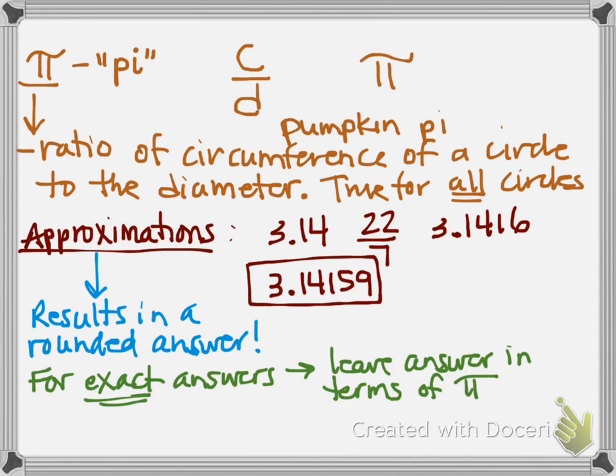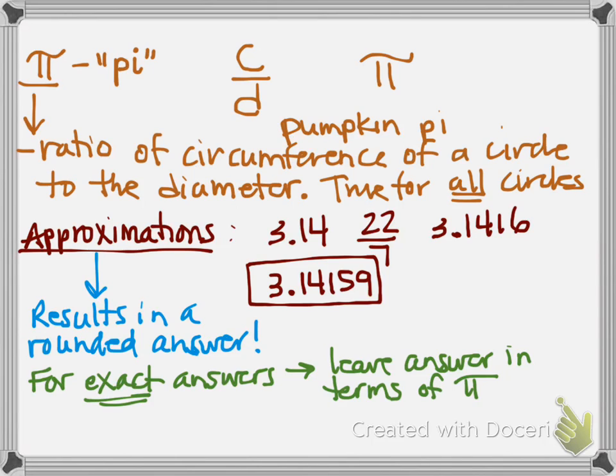Okay? Now, in certain situations, 2 pi is going to be meaningless. So there's times when you have to use an approximation, because you have to have an actual physical number in order to, let's say, deal with volume of the water coming through your hose, helping you figure out what hose is going to be the best hose for you to use for the amount of water you're going to need. Okay?